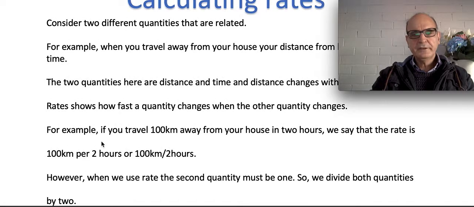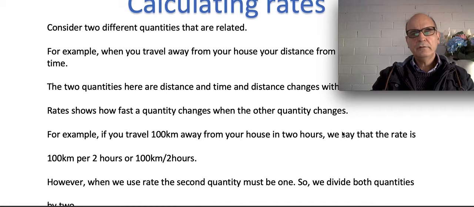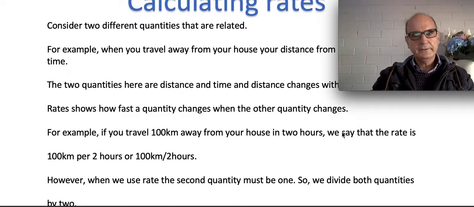If you consider the example that you travel 100 kilometers away from your house, in how long? In 2 hours. Now we talk about rates. So rate compares two quantities, in this case distance and time.